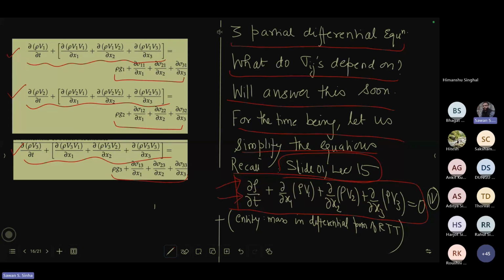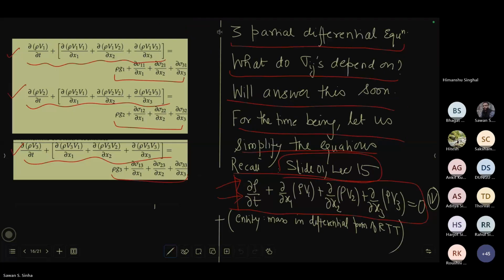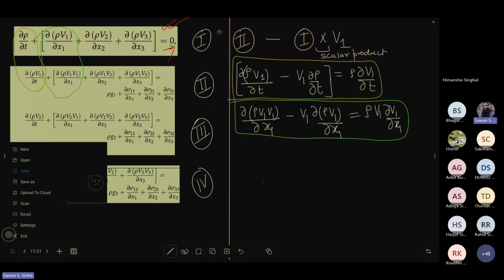How am I going to do it? So this is the continuity equation derived in the last class. I call this equation number 1. And then there are the 3 velocity equations that I got.